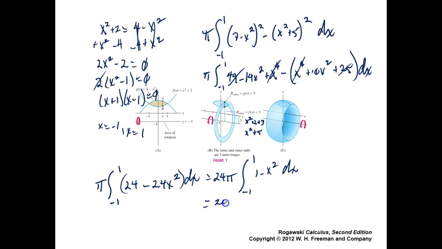This will be 24 pi. Antiderivative of 1 is x, right, minus x cubed over 3. Okay? Evaluate that from minus 1 to 1.